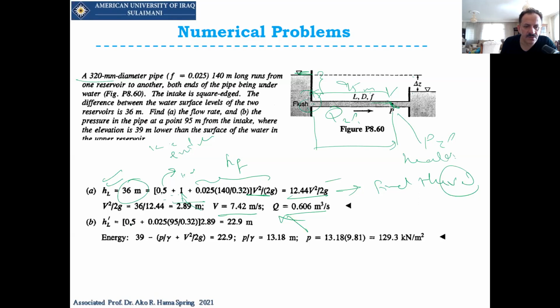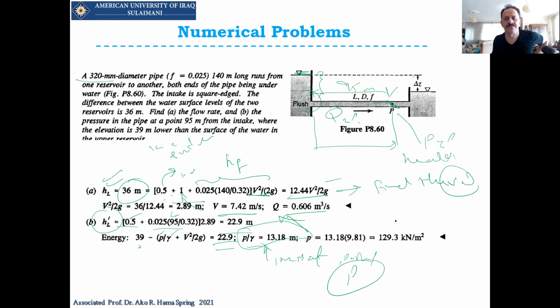So we have 0.5 for the entrance, 95 for L, and D, with V squared over 2g, since we have the velocity. Then we can find the friction head loss and the minor head loss, which together are the total head loss. P over gamma plus V squared over 2g is equal to 2.9. So we can find the pressure at point P. Okay.